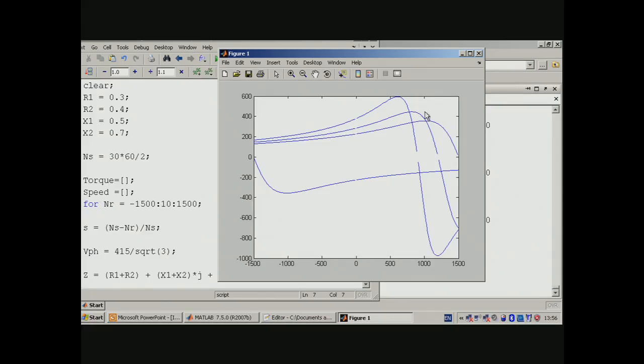So this was the plot we had earlier. This is for nominal, let's say 50 Hertz. This was for 40 Hertz and 30 Hertz. And we kept the voltage fixed, so here the voltage is fixed at this point.